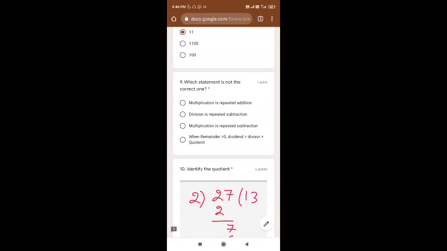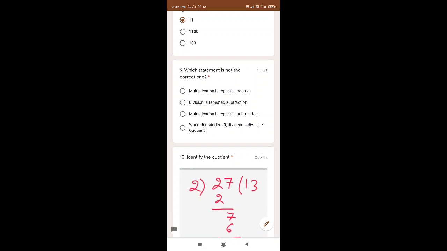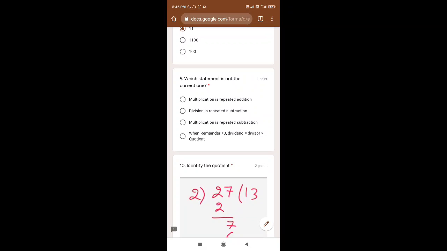So here option A, multiplication is repeated addition, this is correct. Option B, division is repeated subtraction, this is also correct. Option D, when remainder equal to 0, dividend equal to divisor multiplied by quotient, this is also correct. So option C will be the correct answer here, because in option C it is given that multiplication is repeated subtraction, but all of you know that multiplication is repeated addition and repeated subtraction is division.